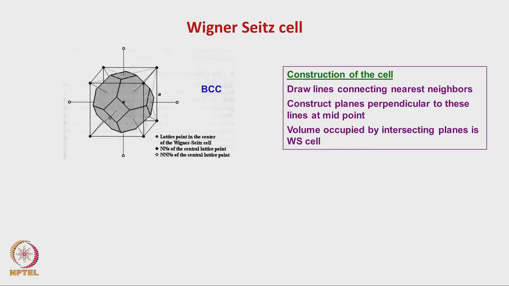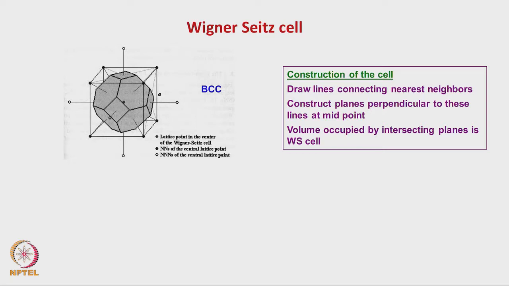When you draw a plane normal to it, all these planes will intersect and it will enclose a volume, correct? Within this volume only one atom is there, and this has a specific shape which is associated with it.